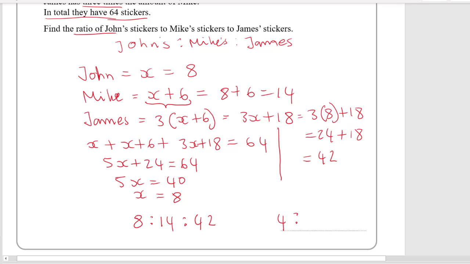But I would leave it as 8, 14 and 42. We are not simplifying it. Sometimes you get the right answer, and then when you simplify and write your final answer on the dotted line, you make a mistake. If you make a mistake in simplifying, that could possibly cost you a mark. So we don't want that.